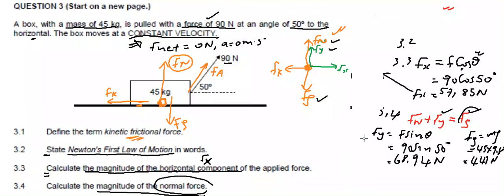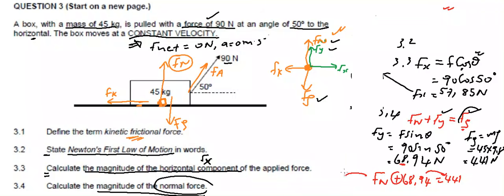So now that we have the values, let's substitute. Normal force is what we are looking for, plus Fy, which is calculated now, 68,94, which is equal to Fg. Fg is 441. Then we transpose this one. When we transpose, its sign changes.